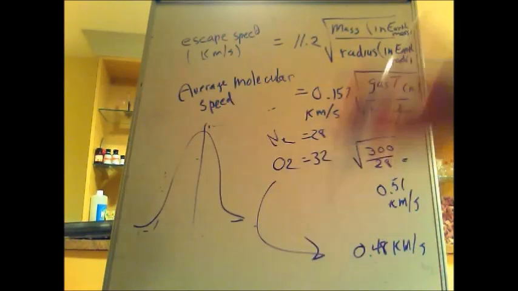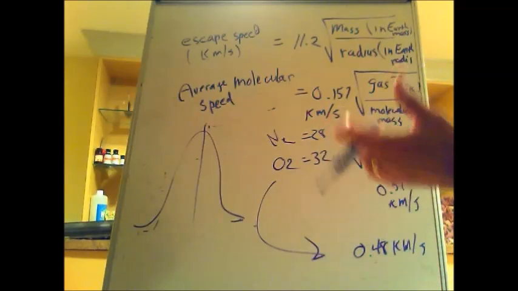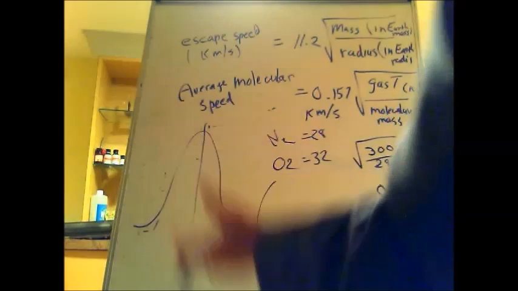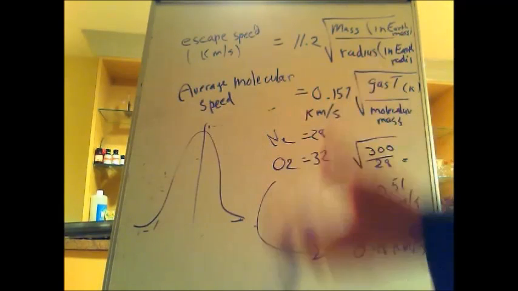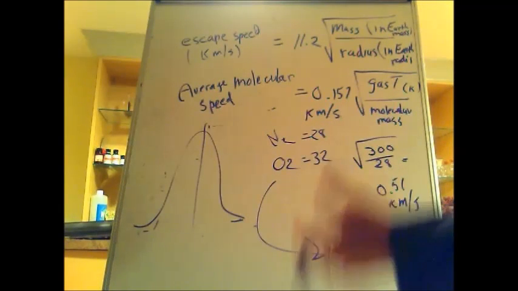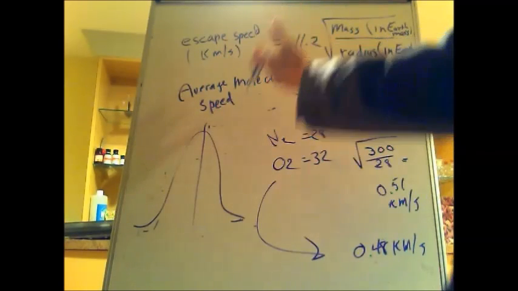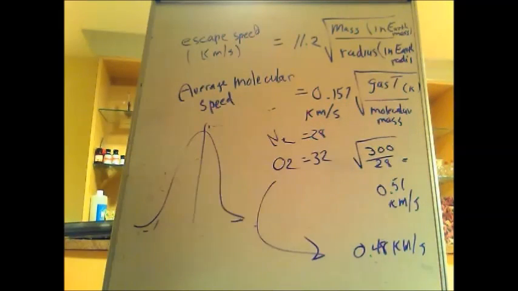The escape speed for Mercury will be such that if there were oxygen or nitrogen at some point in time on the formation of Mercury, even if those gases were present, they would have boiled off. Also, Mercury being so much hotter, that temperature is also going to play into this.